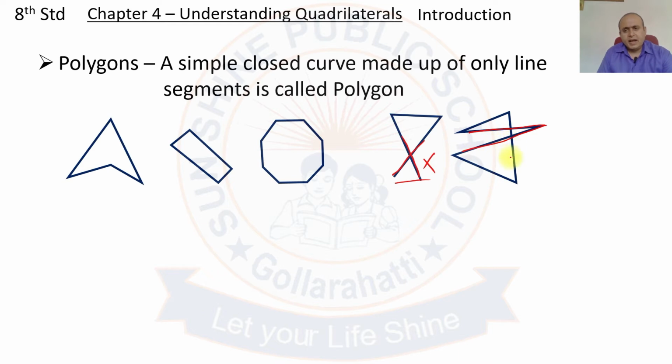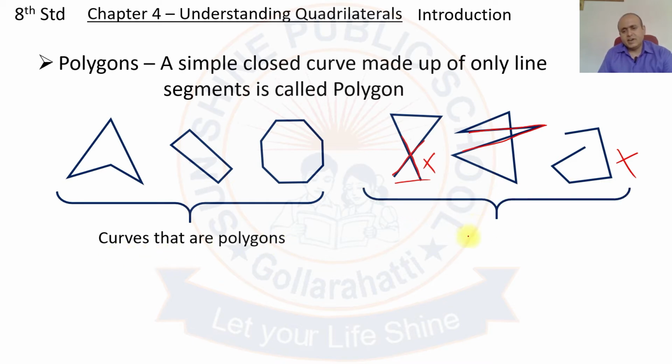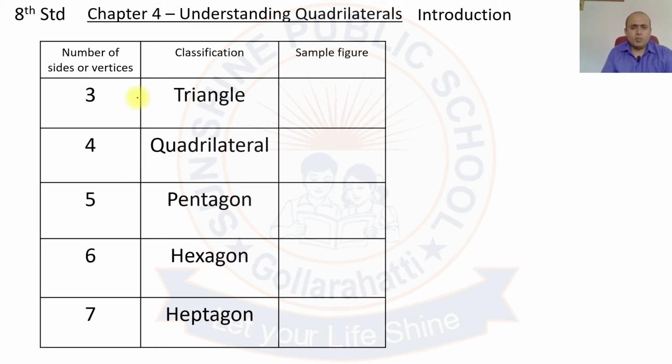Last diagram. This is a simple curve but it is not closed, therefore we will not call it a polygon. So these three figures are polygons and these three figures are not polygons.